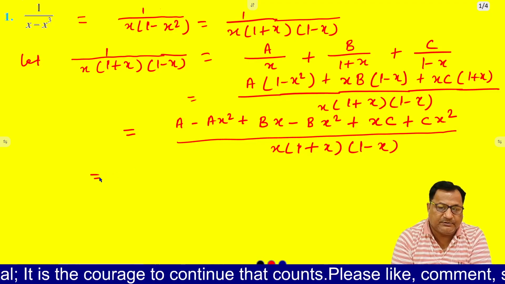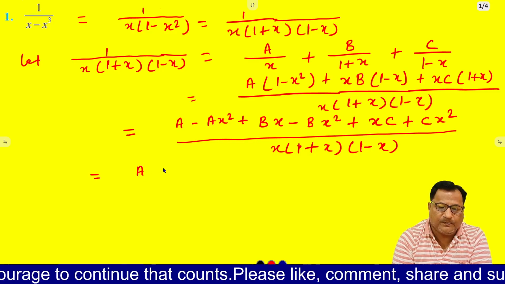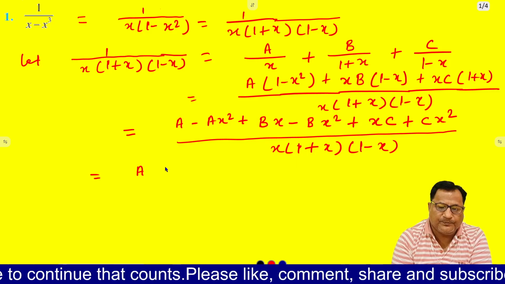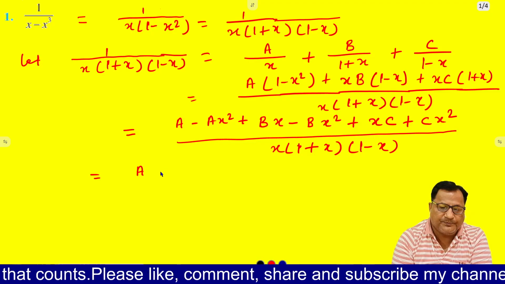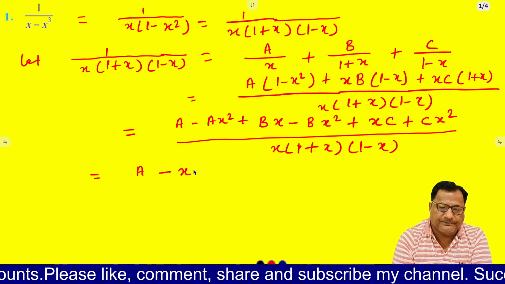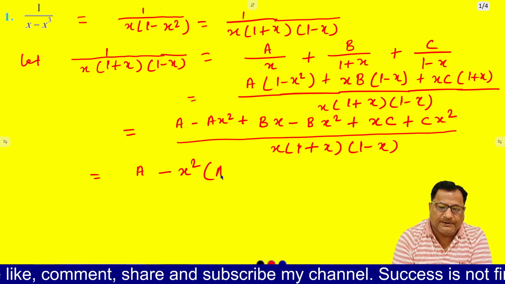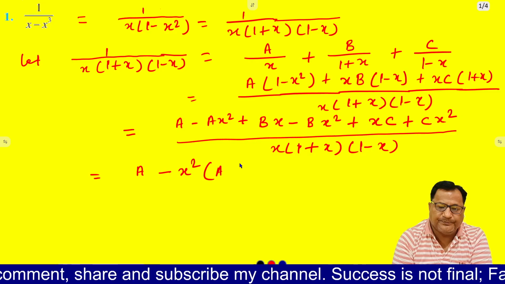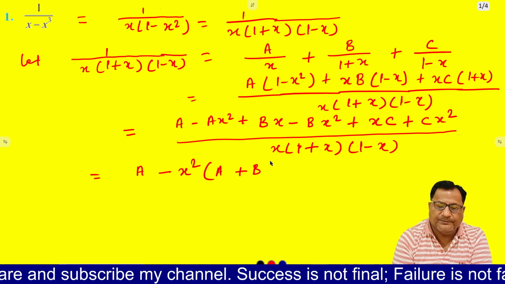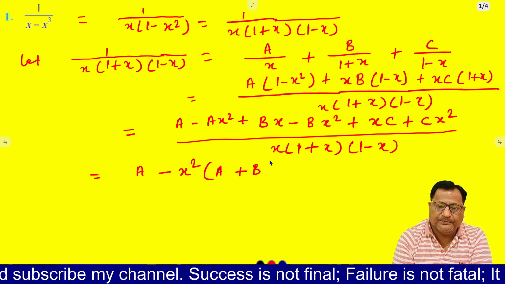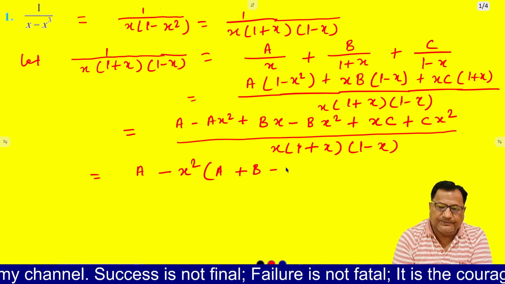If we take common a, and if we take common minus x squared, then it will be a plus b minus c.